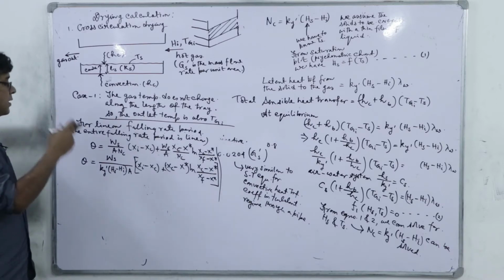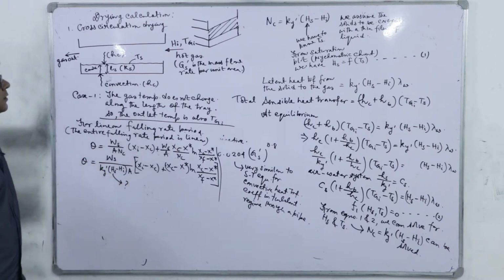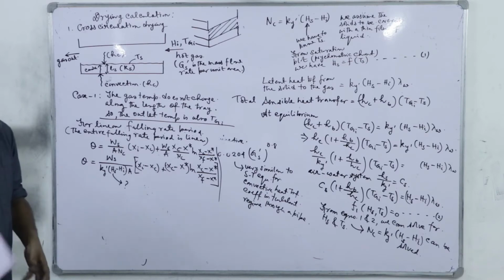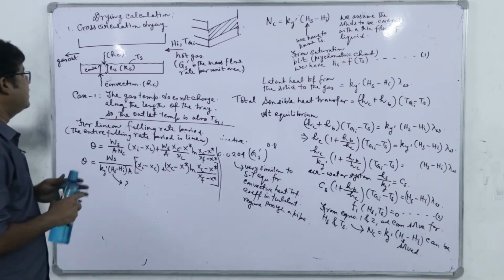We can solve this, because we have already solved for Hs, right. So that's the case of this calculation for cross circulation drying.